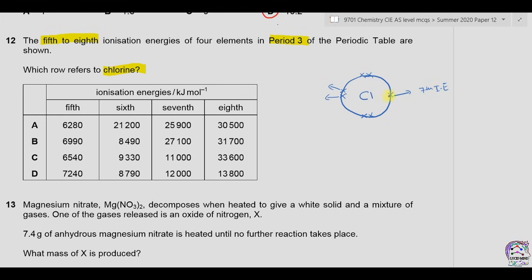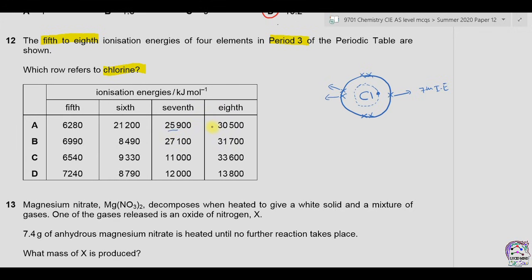Now after removal of the 7th electron, the whole shell is actually lost, so we have an inner shell present. The 8th electron will be removed from the inner shell. Therefore there will be a larger jump from the ionization energy of the 7th electron to the ionization energy of the 8th electron, which is in the inner shell. So let's see the difference between 7th and 8th.